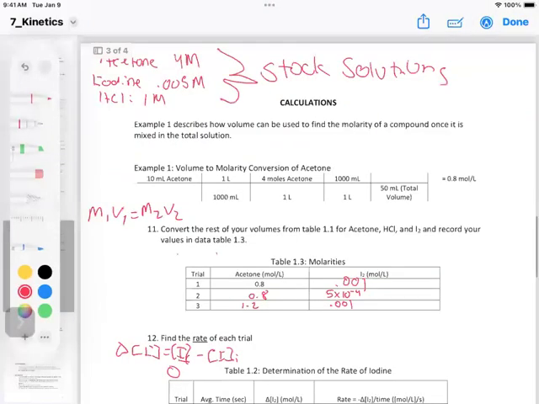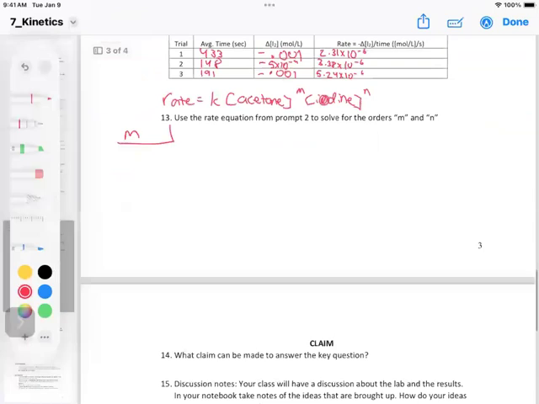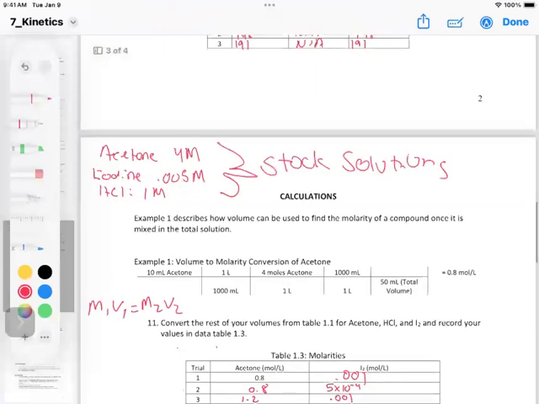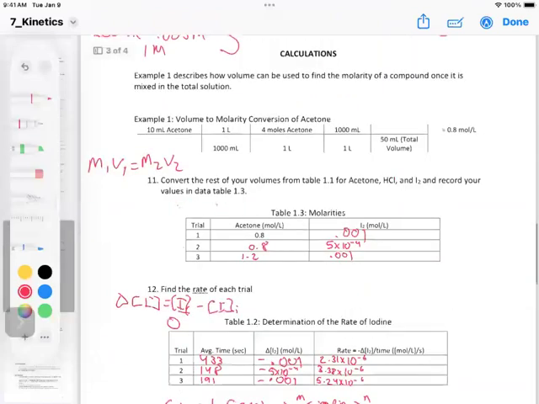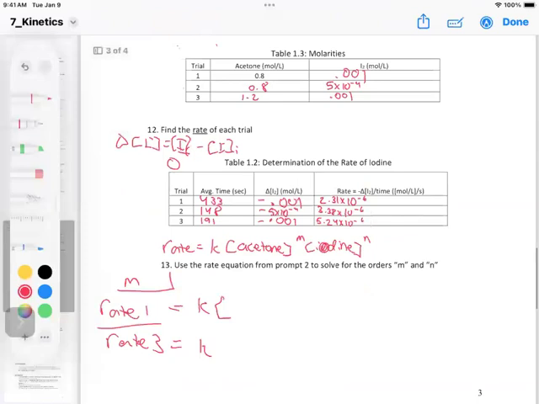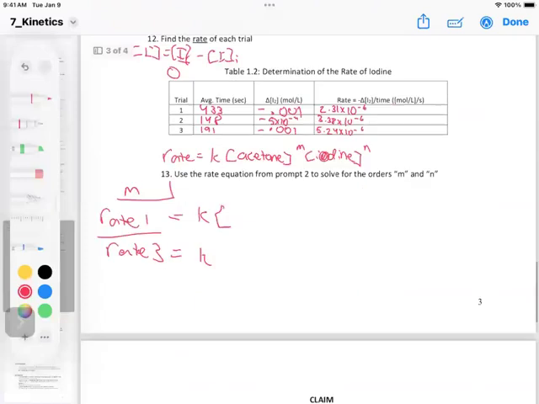So I will take rate 1 over rate 3 and plug in the respective values. I need the concentration of acetone for rate 1. It's 0.8. For 3 it's 2.